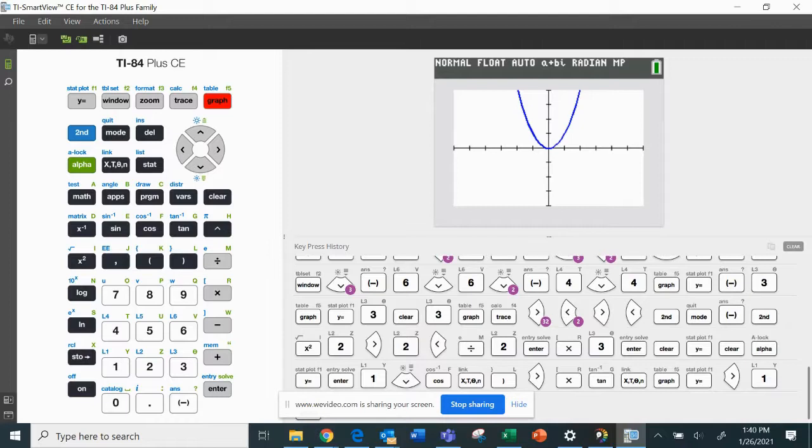Why do you think that is? Why doesn't it just go left to right? Because polar is a big circle. We're talking about the radii and we're talking about the angle rotating. So it's using the angles to determine where it's graphing. Okay.